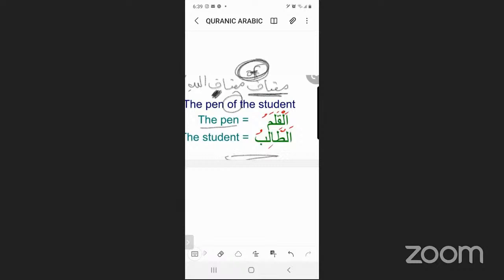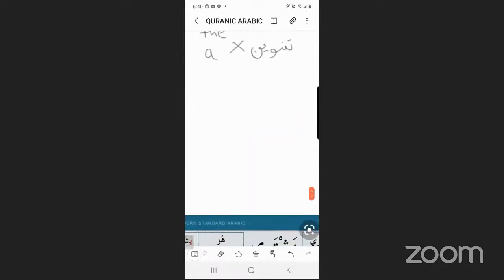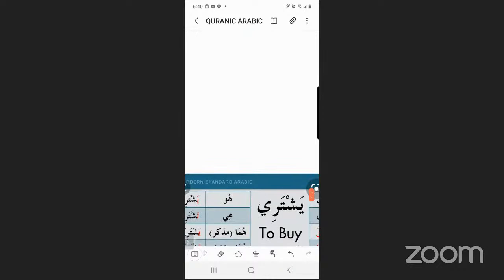Okay. Something to remember is that if it's a mudaf, there will be no "al", because it cannot be a proper noun and a mudaf. So just to give an example, a mudaf and mudaf ilayhi. Okay, so this is how much we've done.